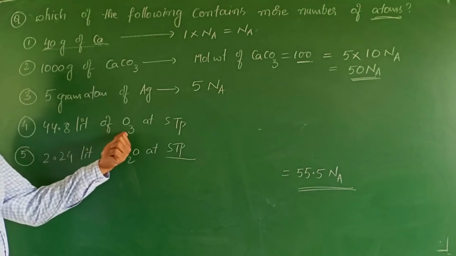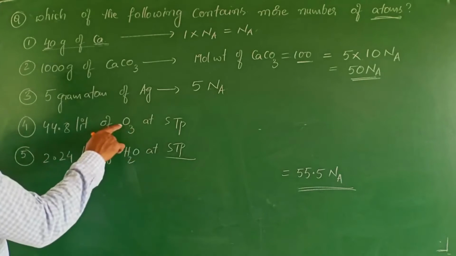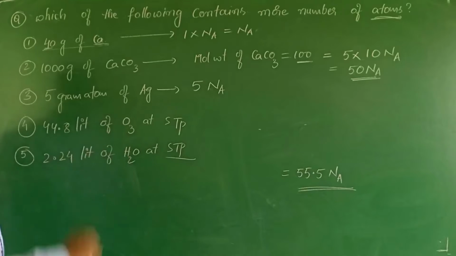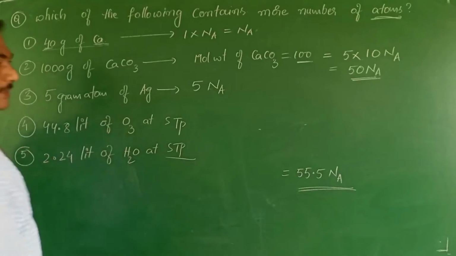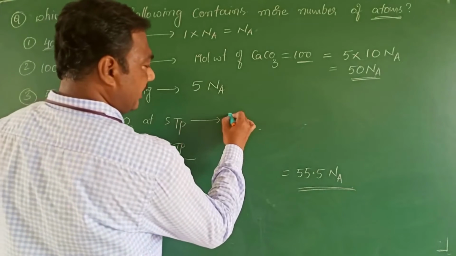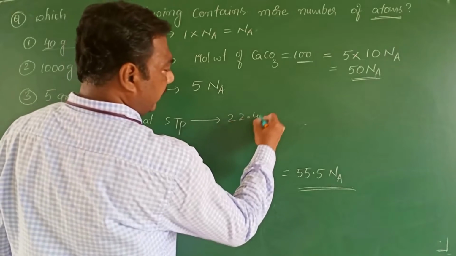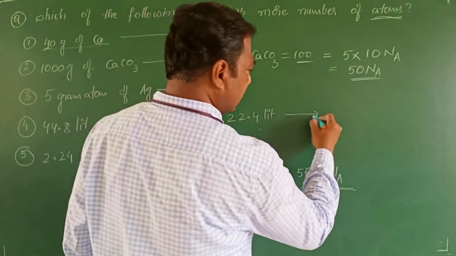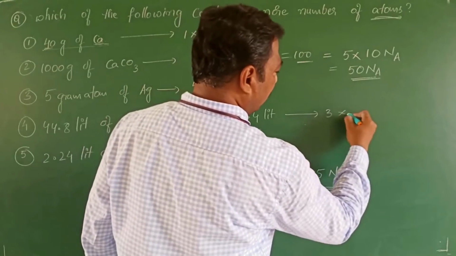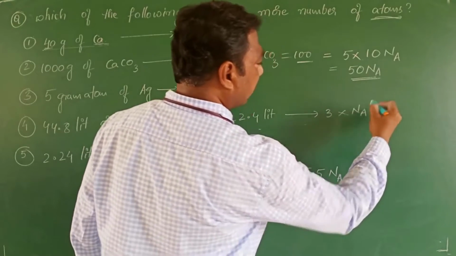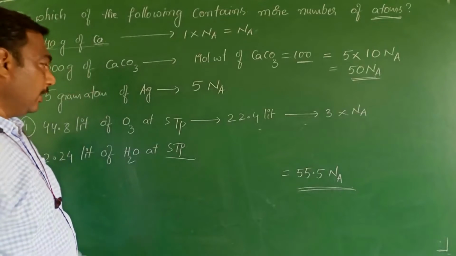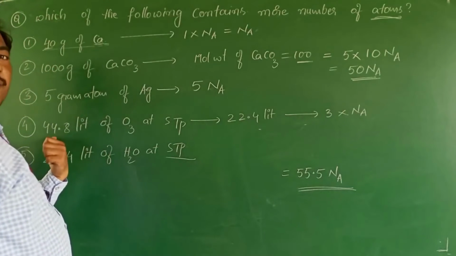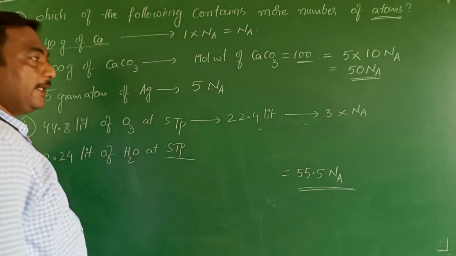44.8 liters of ozone at STP. In ozone, how many oxygens are present, students? 3 oxygens are present. That means if I take 22.4 liters, it is nothing but 3 into Avogadro number of atoms, right? But how many are there? 44.8.